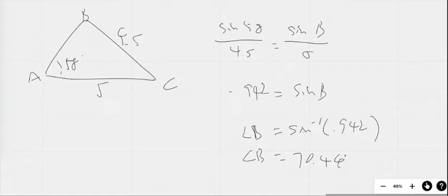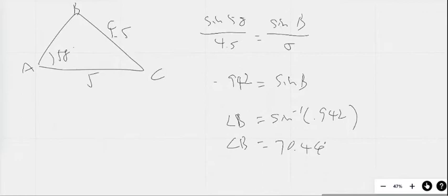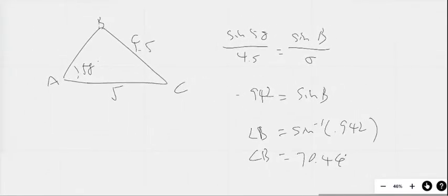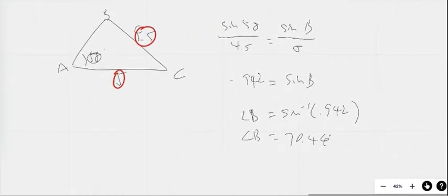After you get this answer, don't be too quick to get into the last angle, because this type of triangle is called angle side side, and it will sometimes have two solutions.